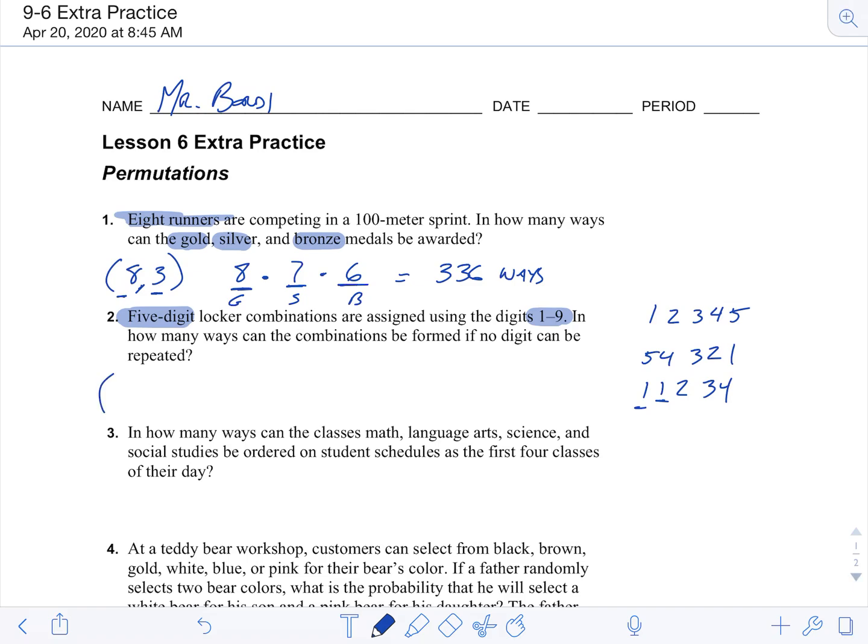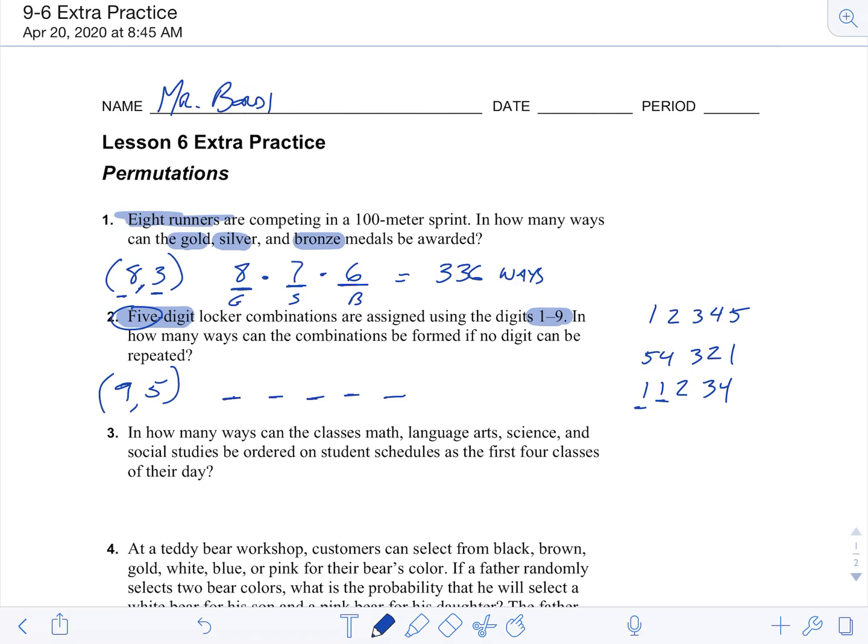So what that would look like is, how many number options are there? I have digits 1 through 9, and if I count those up, that gives me 9 options. Now, how many different marks do I have? It says I have a 5-digit combination, so that's 9, 5.